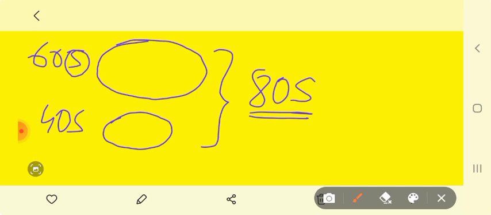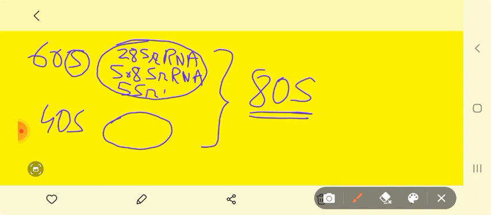Now the large ribosomal subunit, that is 60S, found in the eukaryotes is made up of 28S rRNA, then 5.8S rRNA and 5S rRNA.